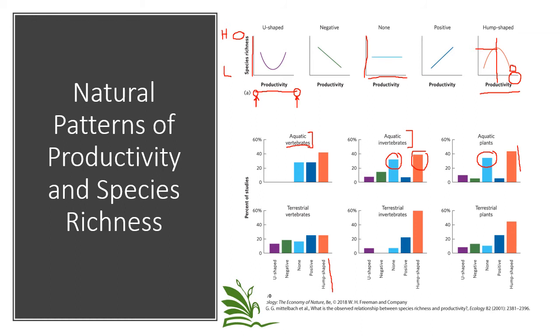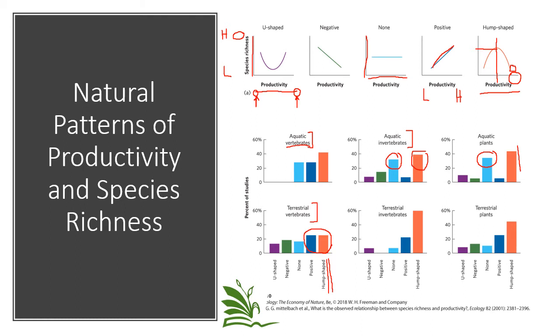In terrestrial vertebrates, we either see hump-shaped patterns or positive relationships. What we're talking about is under high productivity environments, we'll see high species richness, and under low productivity environments, we'll see low species richness for terrestrial vertebrates.